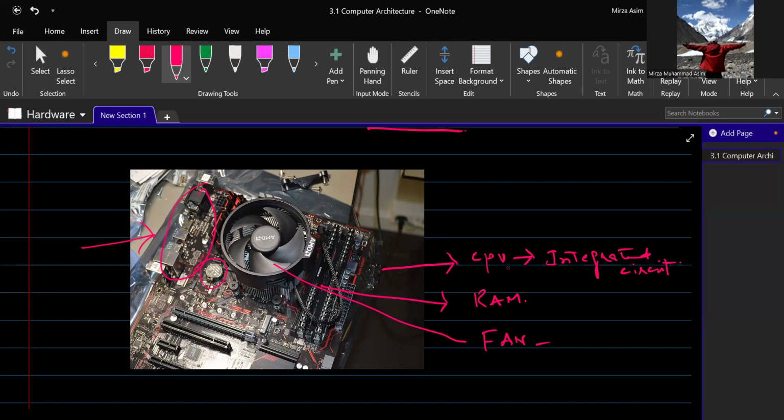So it's a motherboard where the CPU is installed as an integrated circuit on a physical microchip.